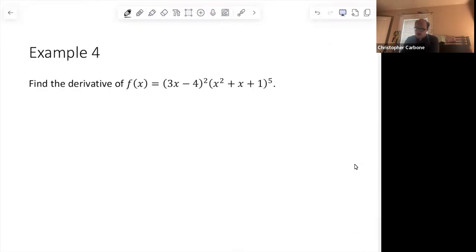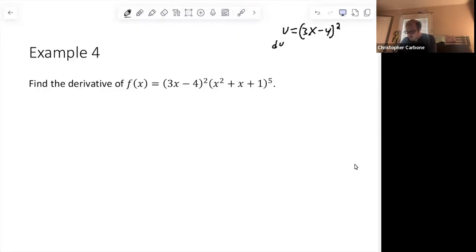Example number 4. We want the derivative of f of x is equal to 3x minus 4 to the second power times x squared plus x plus 1 to the fifth power. So this one's going to have a bunch of steps just because of how much this is. But make note this does use the product rule inside of it when taking these derivatives. If it's helpful, u is 3x minus 4 squared.